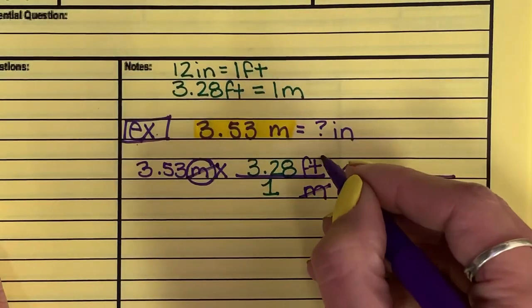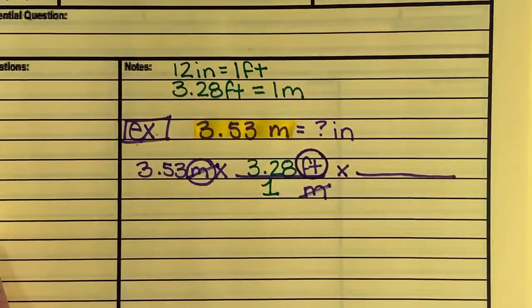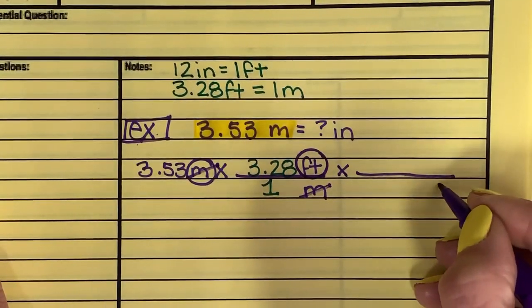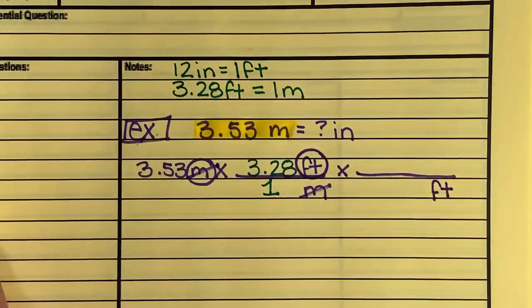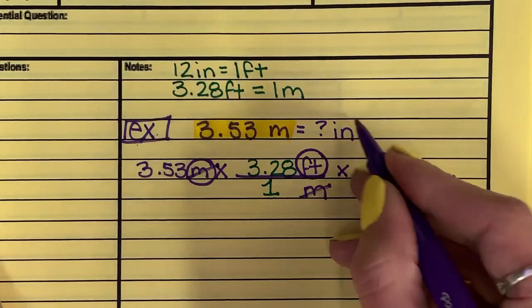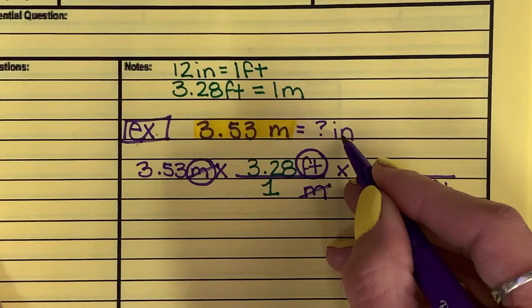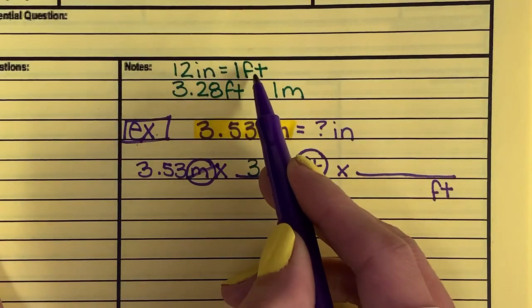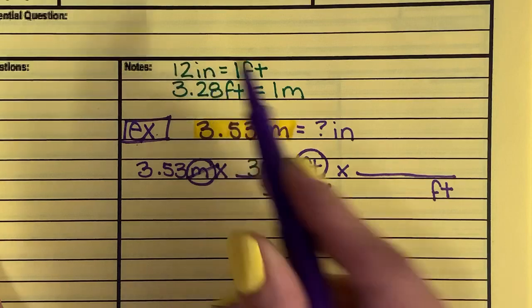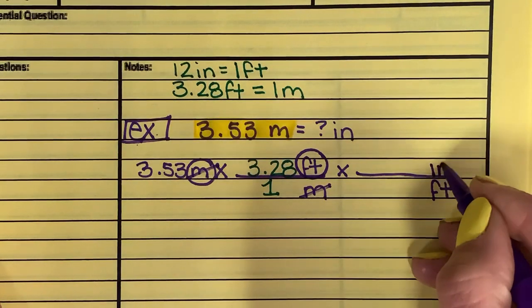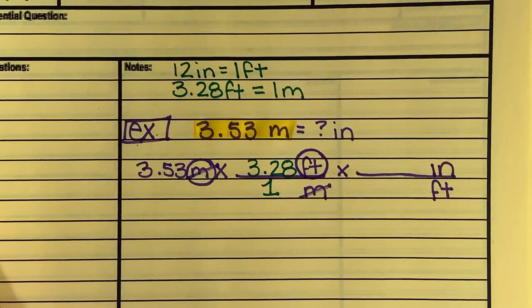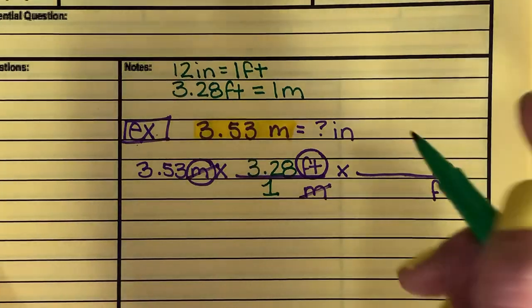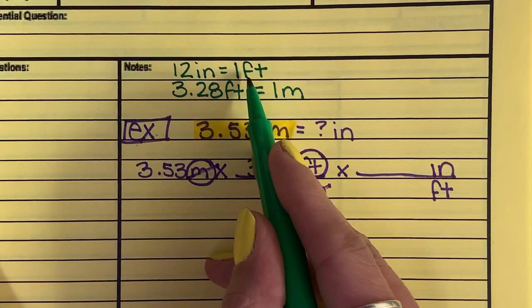This time, I want feet to go away, so I'm going to put feet on the bottom. I'm still trying to get to inches, and I do have an equivalent statement that will allow me to go from feet to inches. So I'm going to put inches on top. So I'm going to look at this equivalent statement.